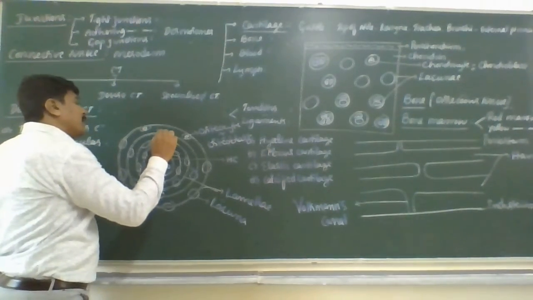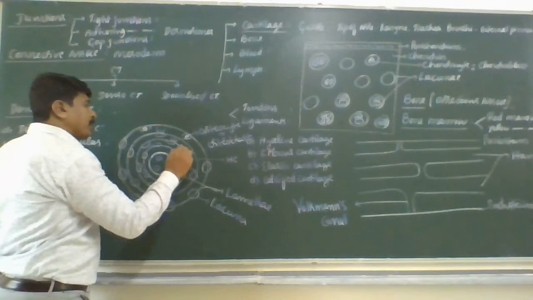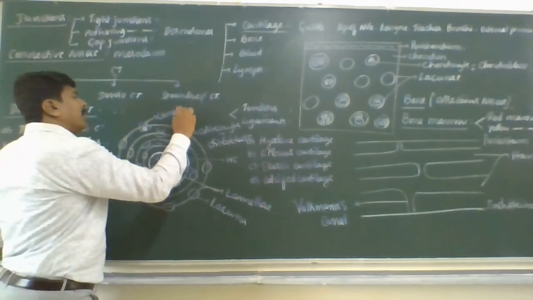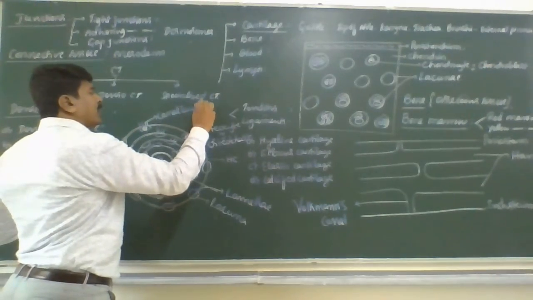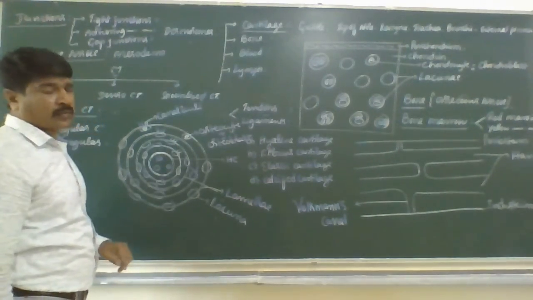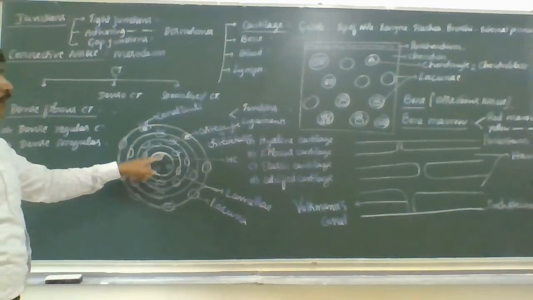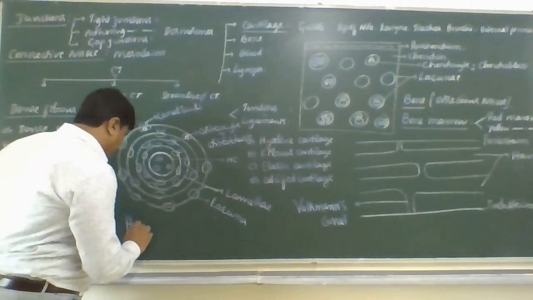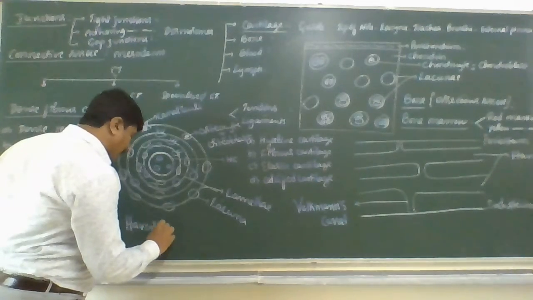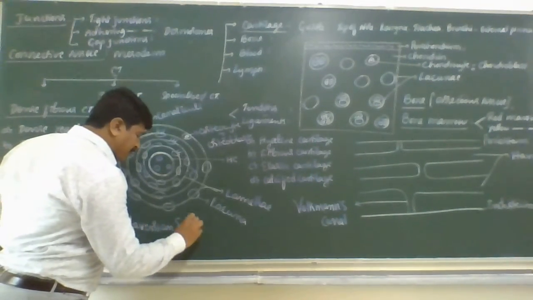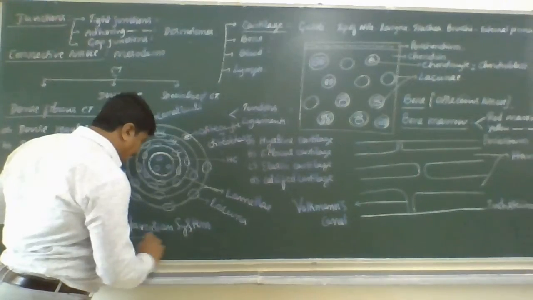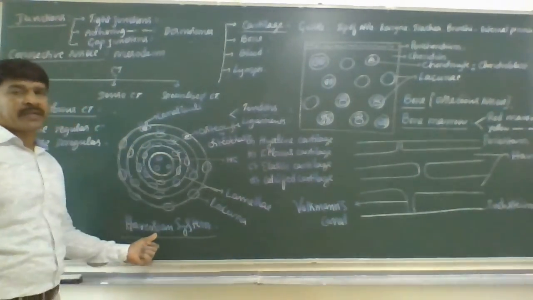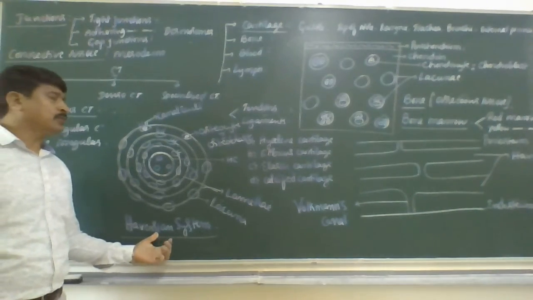The lamellae are connected with one another by fine protoplasmic structures called canaliculi. Haversian canal, lamellae, lacunae, and canaliculi together are called the Haversian system. It is the structural and functional unit of the mammalian bone.